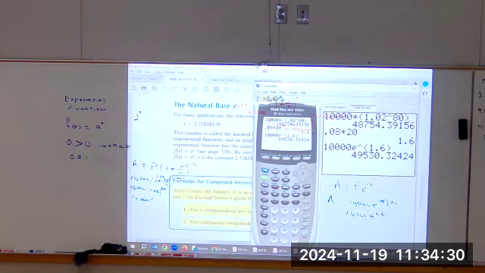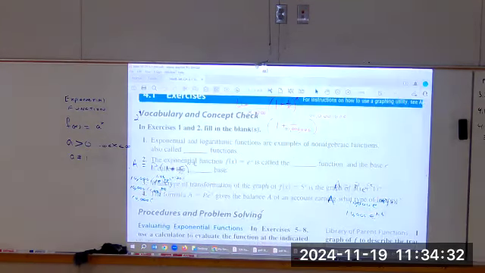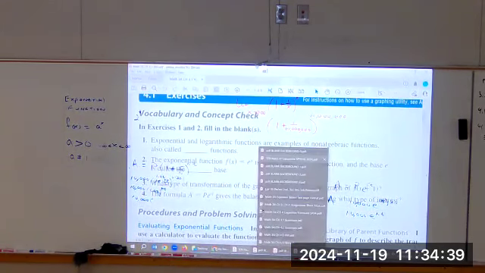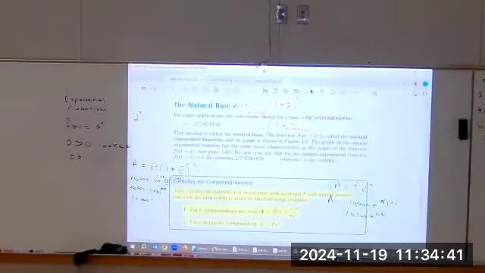So going back to that homework question, the exponential function f of x equals e to the x is called the natural exponential function, and e is the natural base.